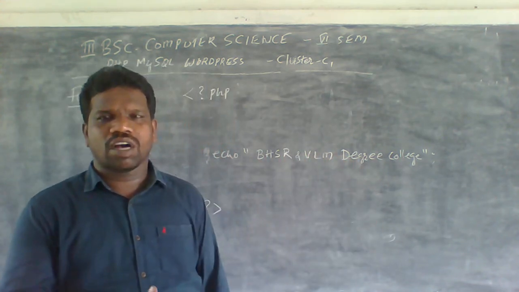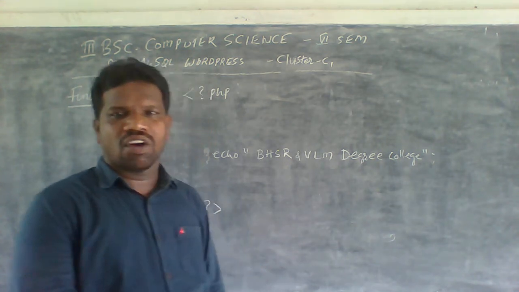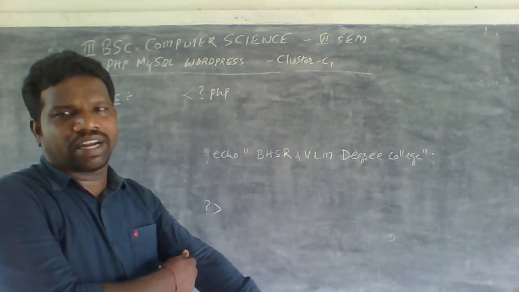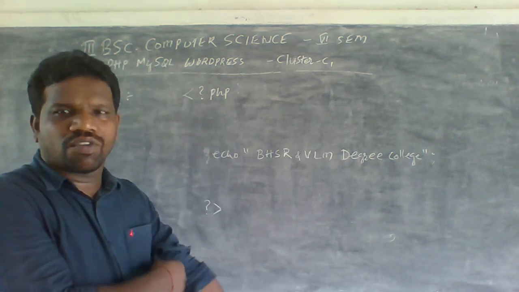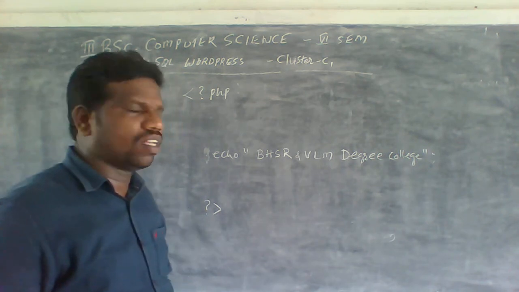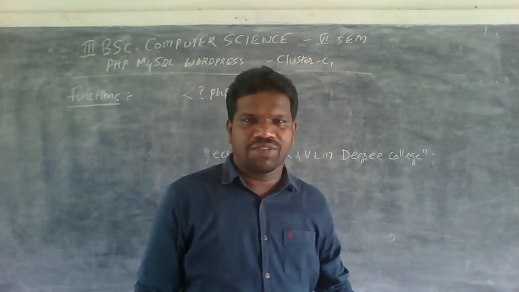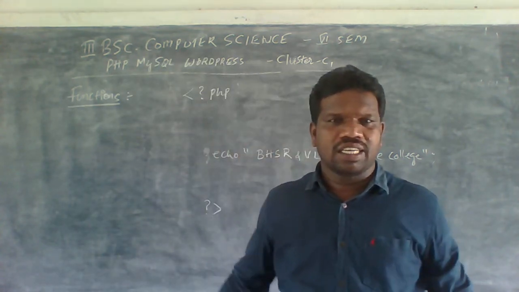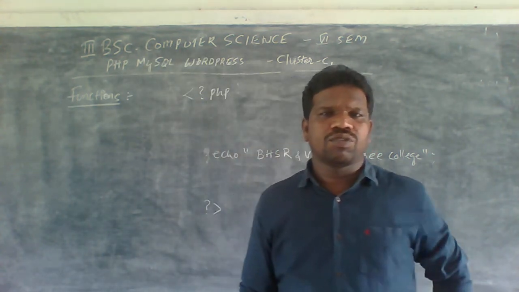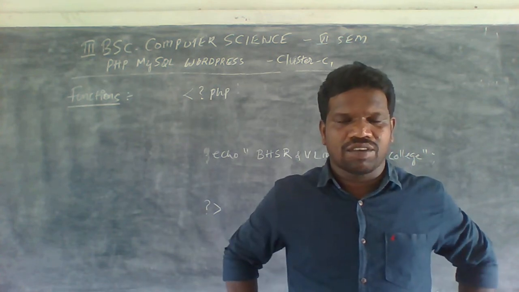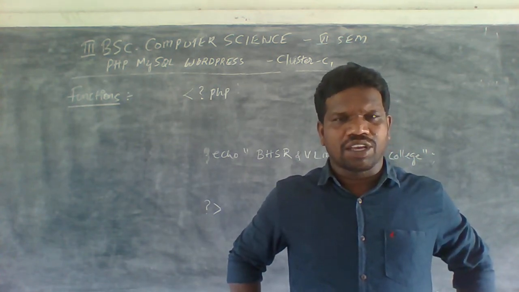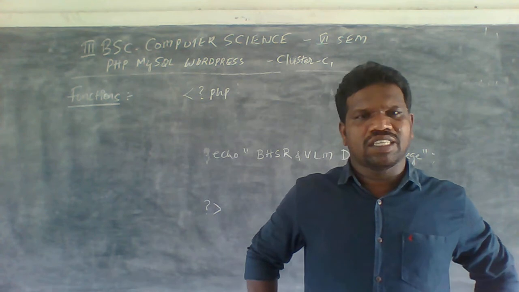Now in this session, I am going to write a function. I have to write a function name. If you need to write a function in PHP code, you have to use the keyword called function. Function is one of the keywords used while writing functions in PHP.